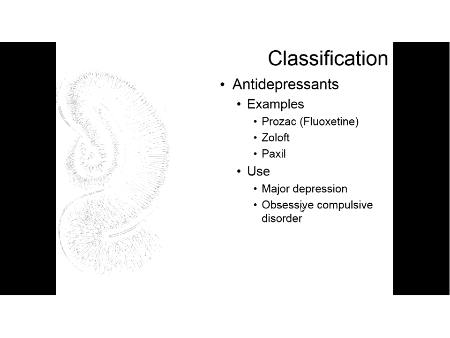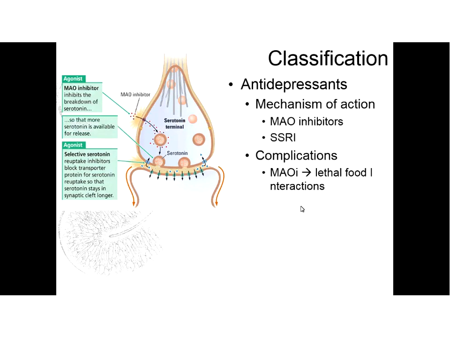So what are their mechanisms of action, or how do they influence neurotransmission? There are two generations of antidepressants. Our early first-generation antidepressants were called MAO inhibitors. MAO inhibitors prevent the breakdown of serotonin within the neuron.